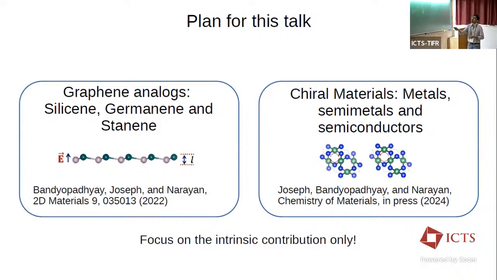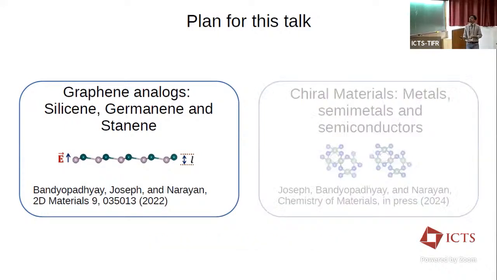And the second part of the talk would focus on chiral materials, so structurally chiral materials, where one can actually distinguish between the two enantiomorphs by using this Berry curvature dipole idea. And a disclaimer here is that we focus only on the intrinsic contribution. There can be extrinsic contributions coming from impurities, defects, and other mechanisms. But for the purposes of this talk, I'll be talking only about the intrinsic effects.